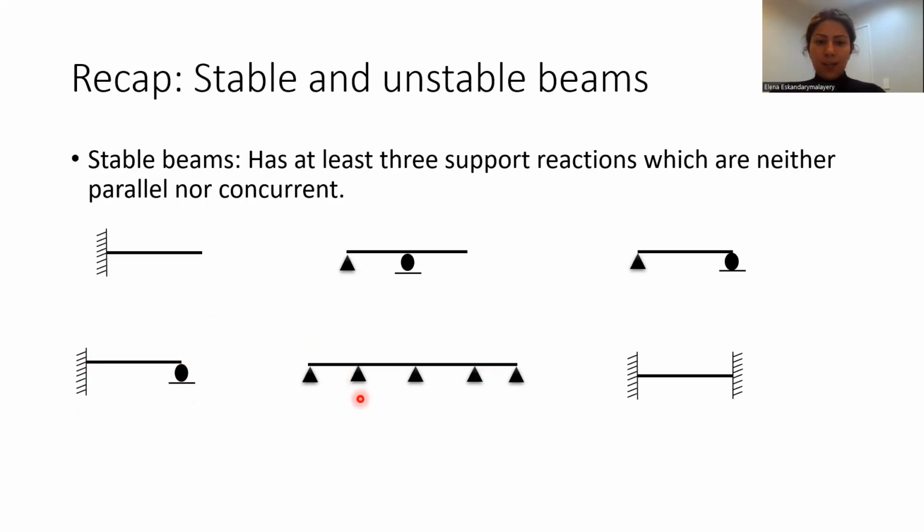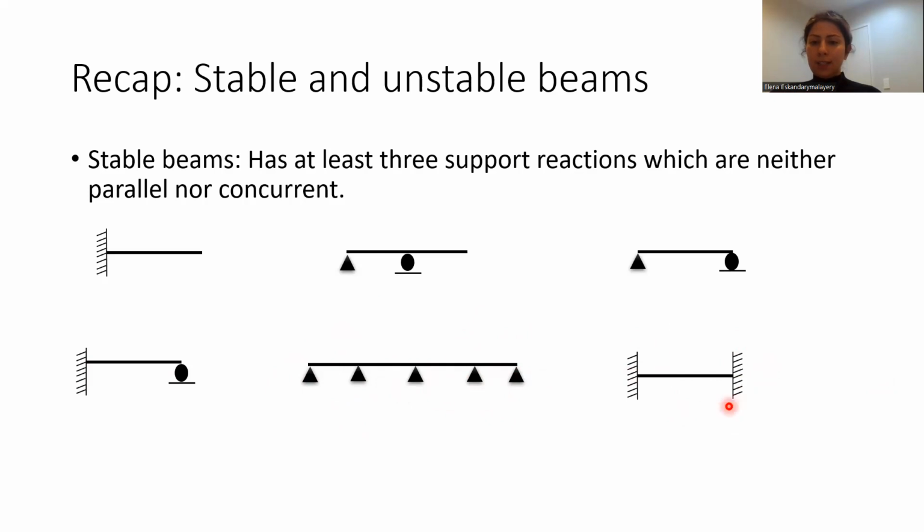And same as this one, which is a continuous beam, if we consider that the axial force doesn't matter for us, we have 1, 2, 3, 4, 5 vertical support reactions. And you can also consider the horizontal ones that will come to 10 support reactions in total. And we only need 3. So this beam is statically indeterminate.